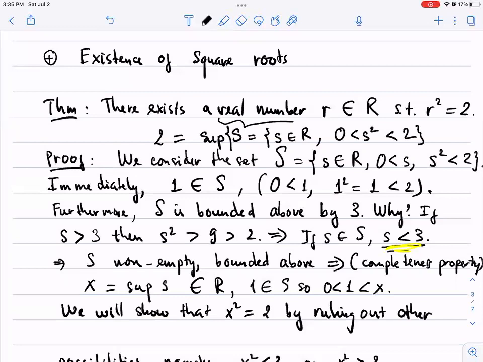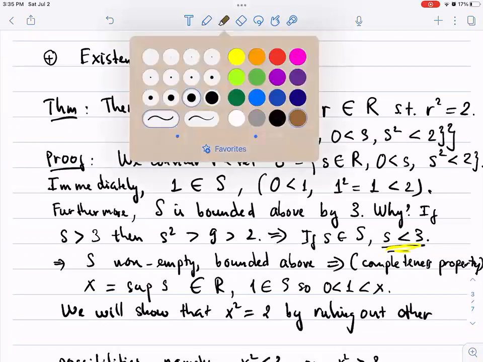Well, just to be consistent with the proof I'm giving here, I'm going to make a slide modification. So S here is the set of all real numbers such that, first, x is positive, and second, the square of that number is smaller than 2. So this is the key idea, so let me emphasize it by a color.